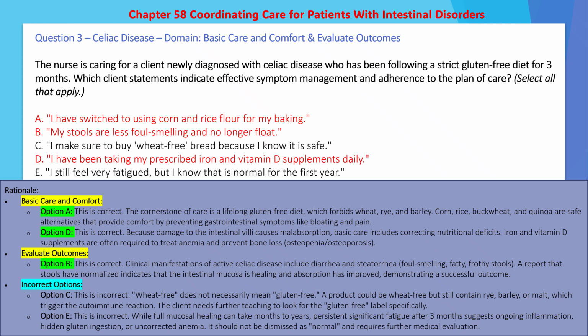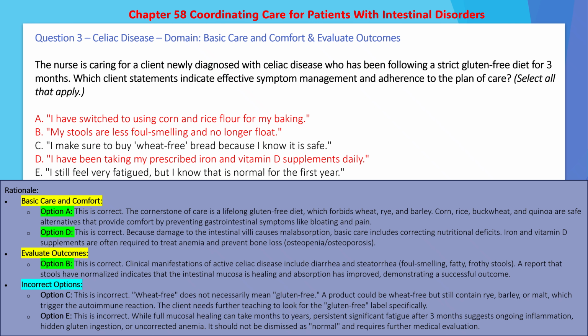D, also basic care and comfort, is correct because damage to the intestinal villi causes malabsorption. Basic care includes correcting nutrition deficits. Iron and vitamin D supplements are often required to treat anemia and prevent bone loss, osteopenia, and osteoporosis.